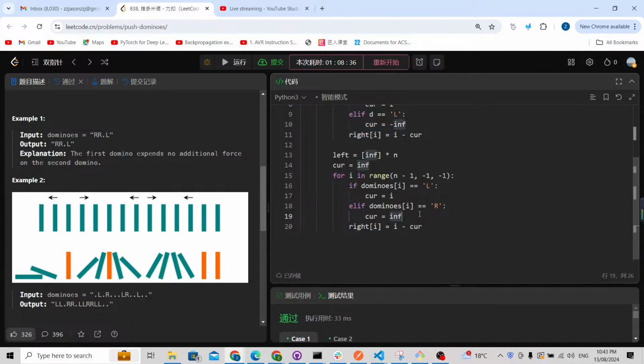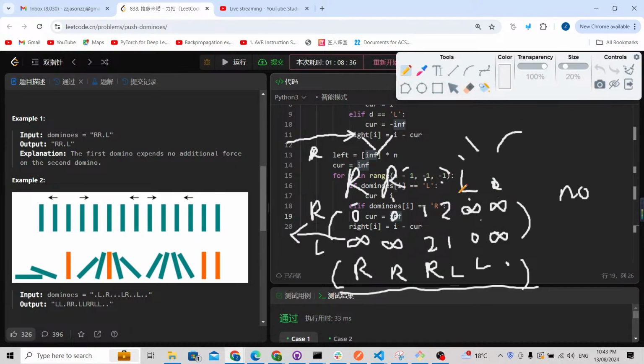Yeah, because, let me just prepare some drawing. Because if we go from the left to the right side, for this domino I, if this domino I equals to R, we're gonna set the current to be infinity.